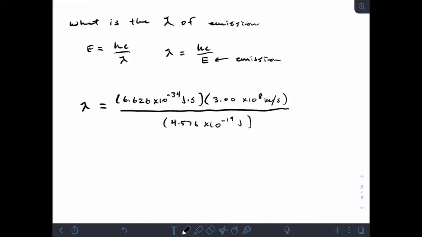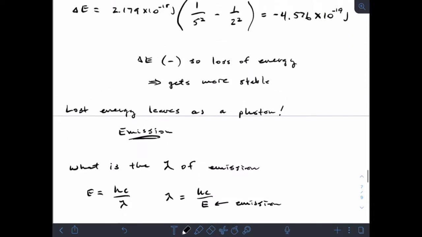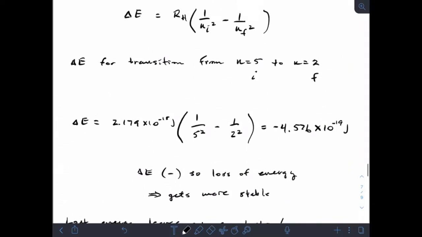Now you may be wondering why I have not included the negative sign. Because for this type of thing, all I care about is the magnitude of the energy. In the previous problem, this negative sign here is more about telling me which direction the energy is going.